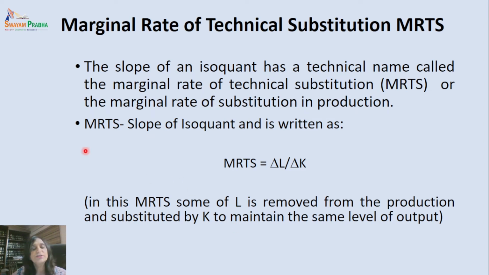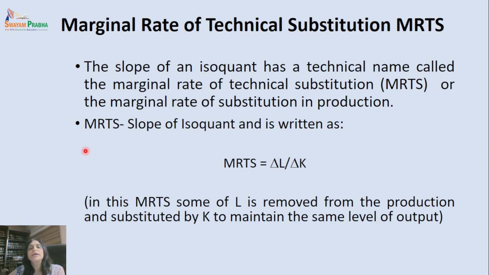So what is the marginal rate of technical substitution? MRTS is the slope of the isoquant, showing how much of one input you have to reduce, and for the reduction of that input, how much of the other input you have to use extra.